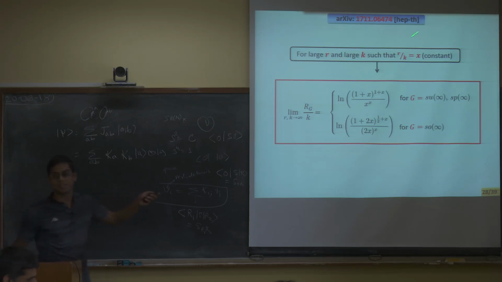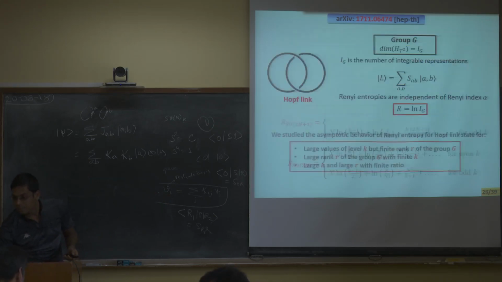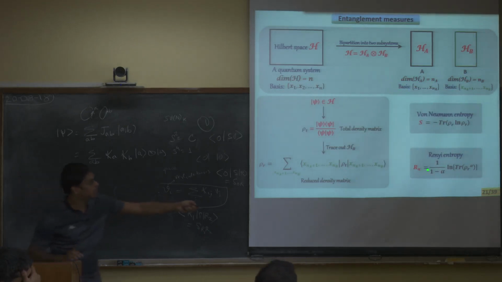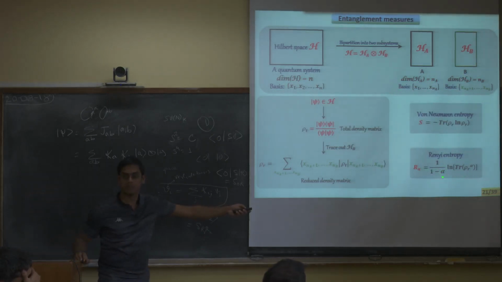K is the Chern-Simons level. I have the definition here. Alpha is the Renyi index.